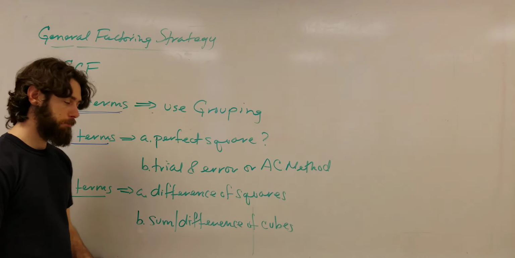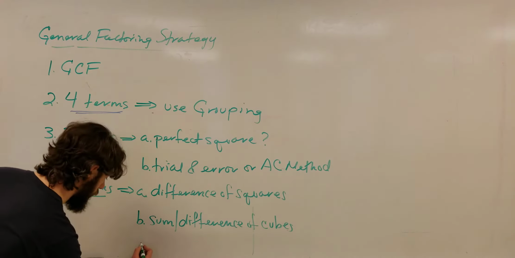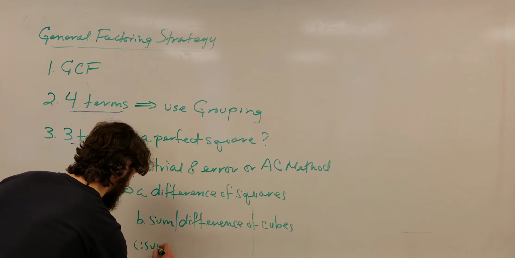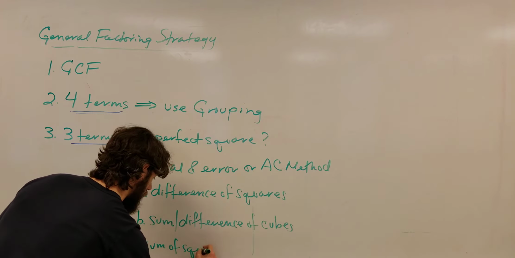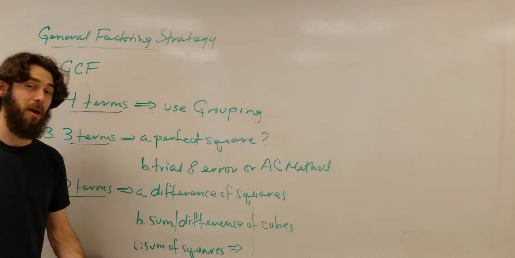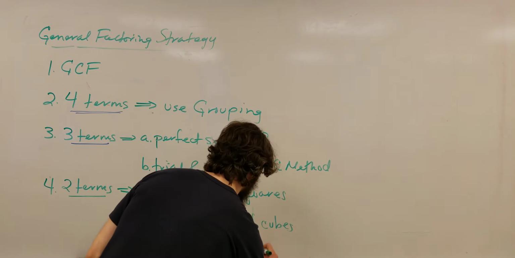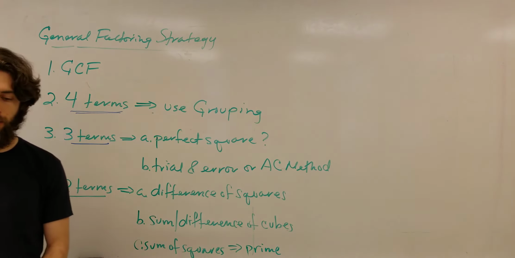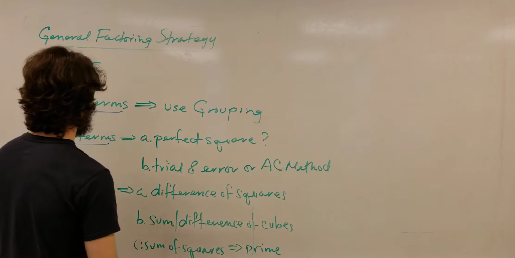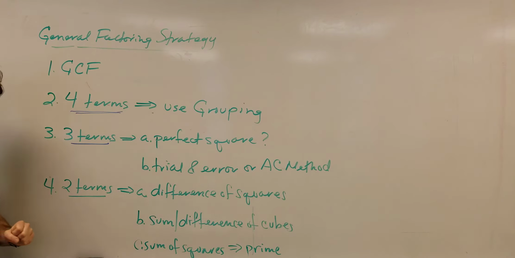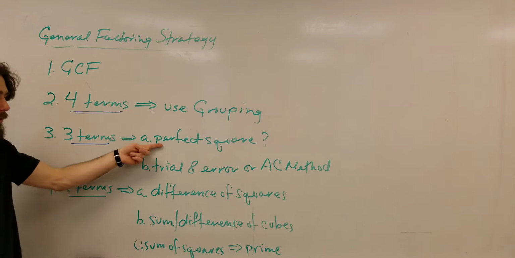And then finally, if it is a sum of squares, then it's prime and you're done. Once you've gone through and eliminated all these options, so you might factor out a GCF, then you see that you have 3 terms, and it's not a perfect square, so you do the AC method.